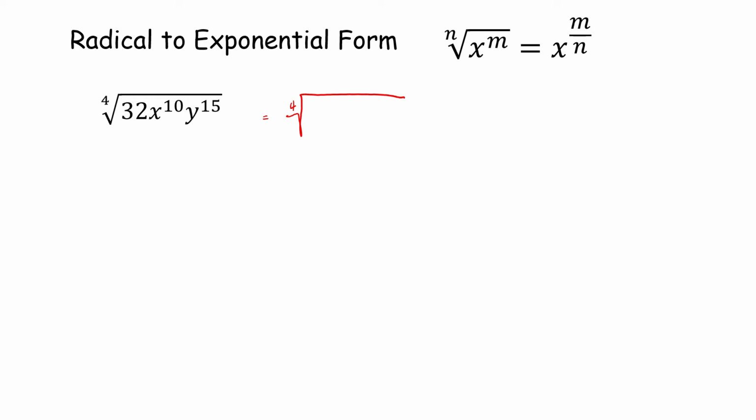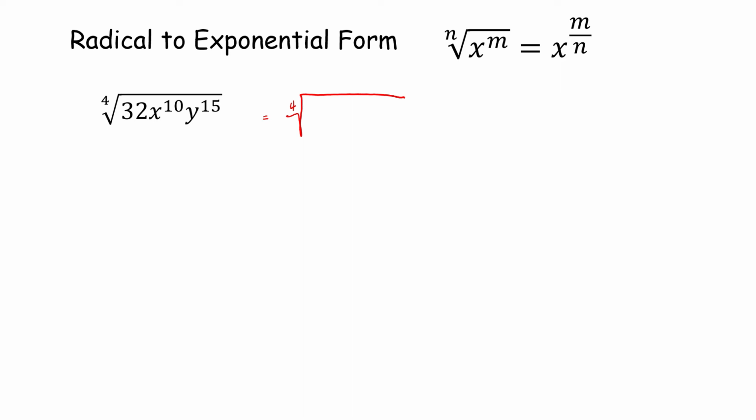Unfortunately, I think we cannot get a number raised to 10 that is equal to 32. So we need to think about a factor of 10 and 15, wherein we can express that 32 into raised to a common factor of 10 and 15. So I'm thinking about 5, right?